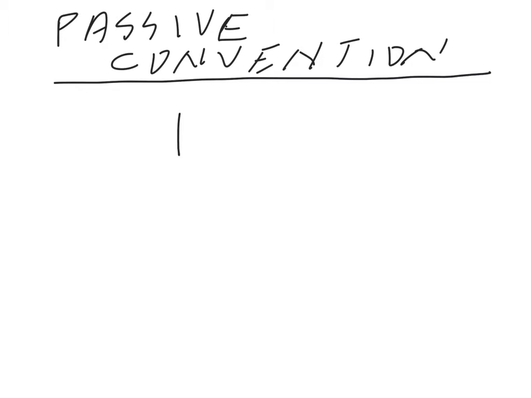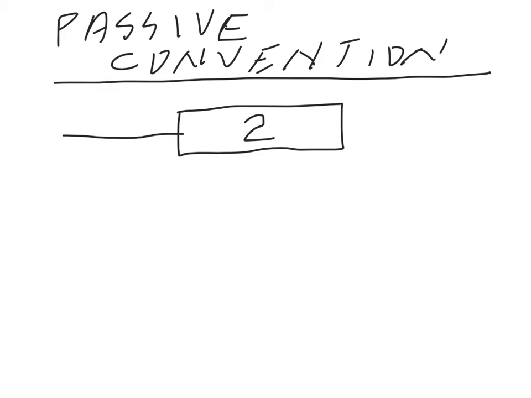If we have some component, and let's suppose this is component number 2, and it's attached to a circuit. There's a bunch of other stuff out here which we're not going to draw. There will be a voltage across this device, a voltage drop.